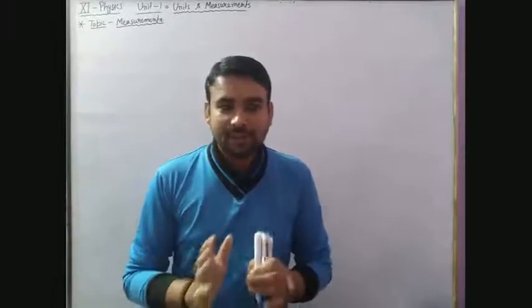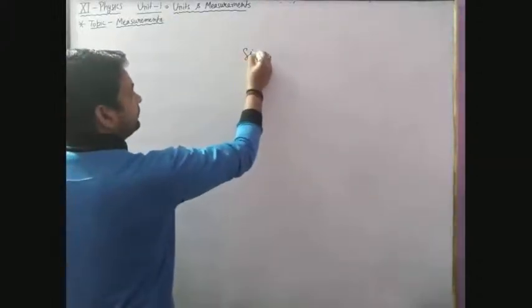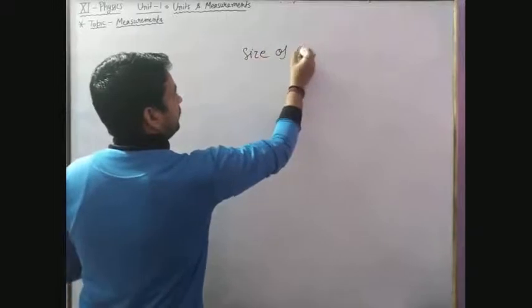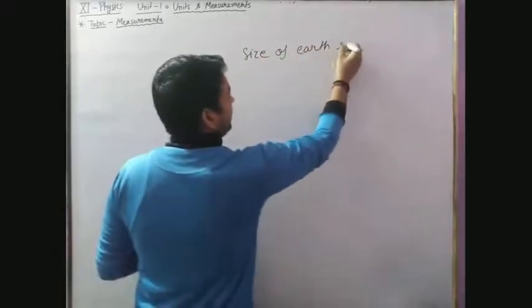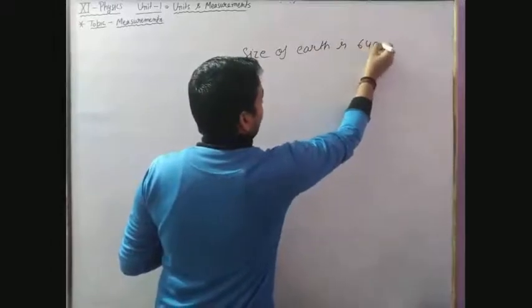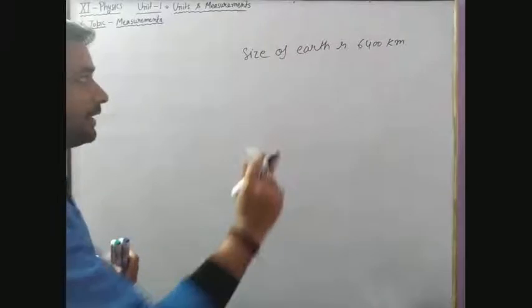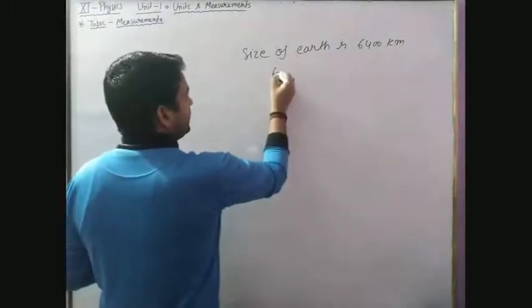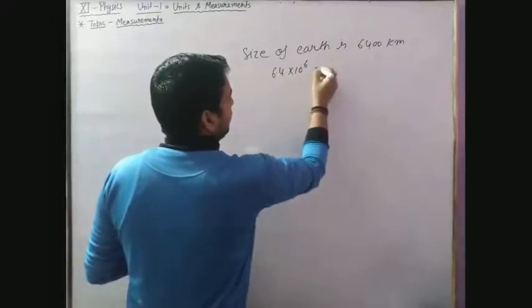measure. For example, as you know, the size of earth is 6400 kilometer. So we can express it as 6.4 into 10 to the power 6 meters.